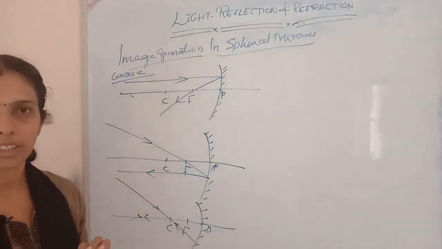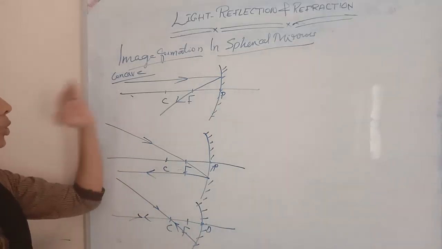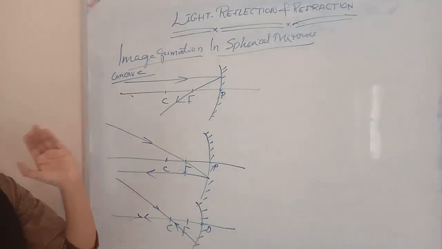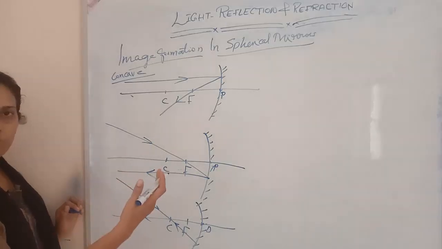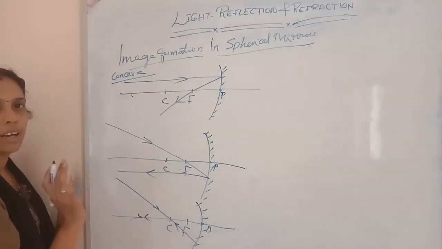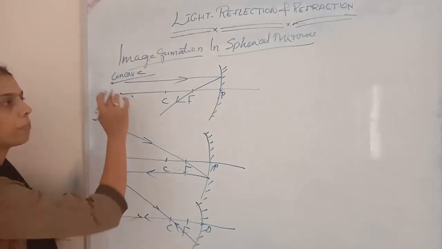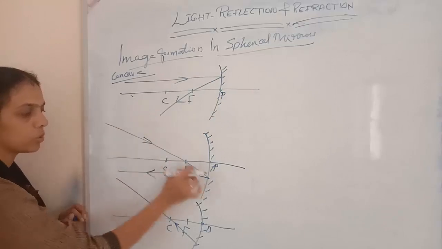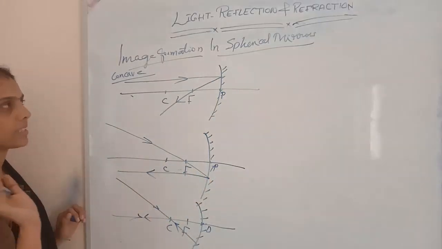In that manner you can draw. These are the main three rules to find out the position of image. Different positions of object, we will be finding out the position of image. So clear: parallel, through focus, through focus, parallel, through center of curvature, retracing its path.